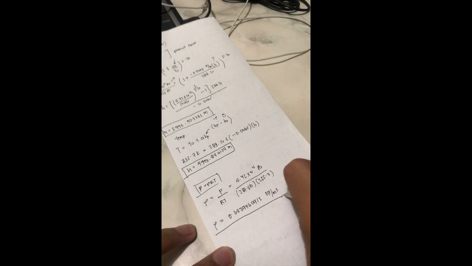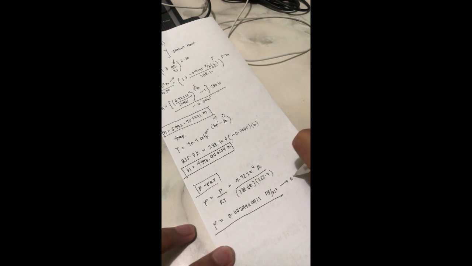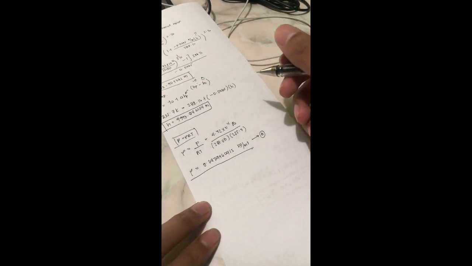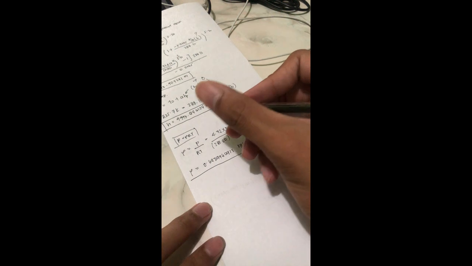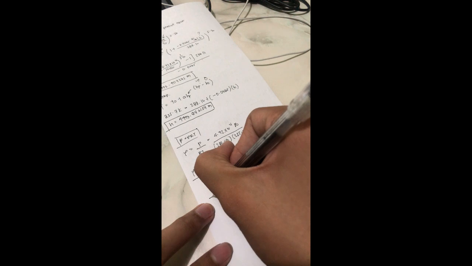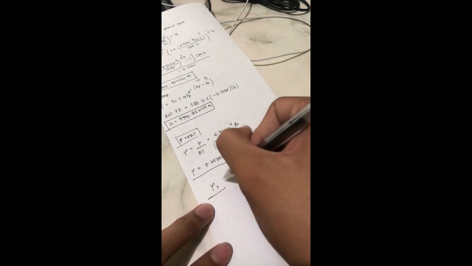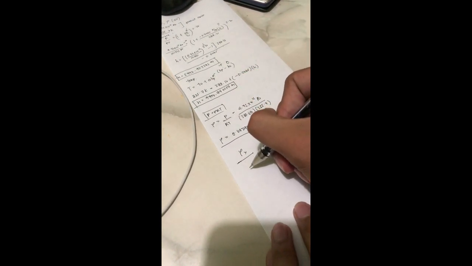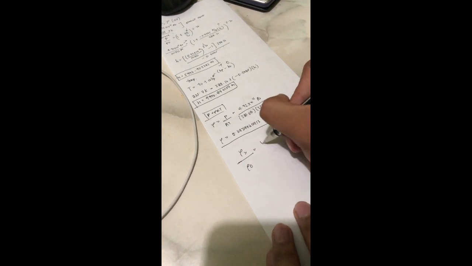So this is not yet our final answer. We store this value so that we can get the actual altitude. Again, we will use the formula for the gradient region: the density at the specific height over the density at sea level is equal to 1 plus aH over T0, raised to 4.26.